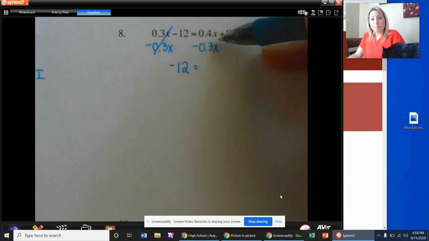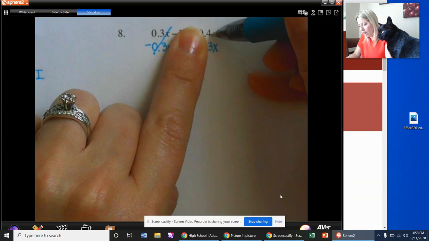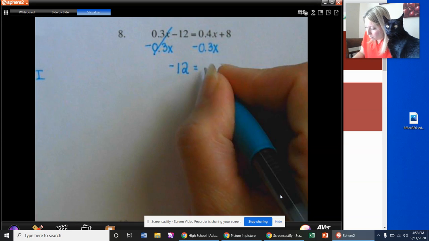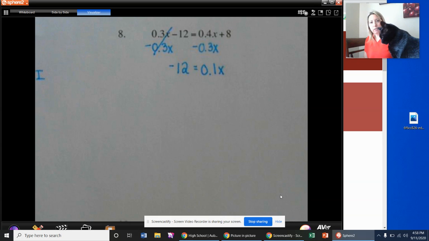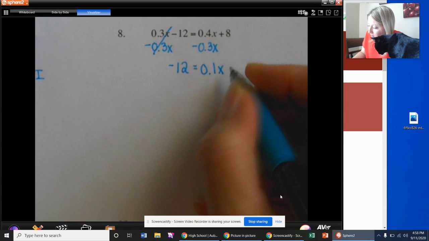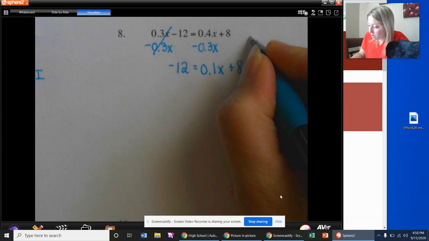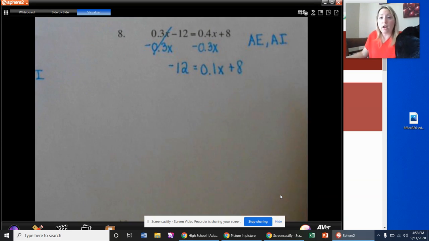And here, let's just think about it like I was saying before. 4x minus 3x is 1x, right? So keep that decimal point in place, and you've got 0.1x, okay? Now, bring down your plus 8, and we can see already that we are going to need to move that 8 by subtracting it from both sides.